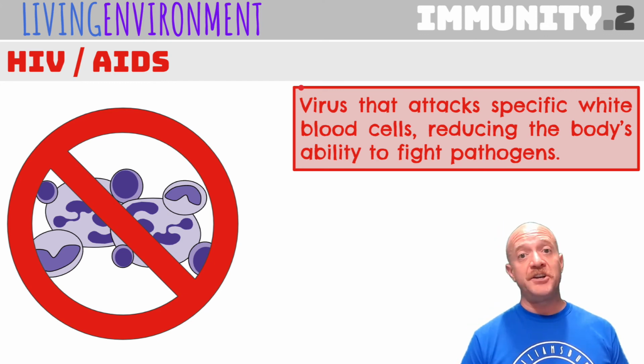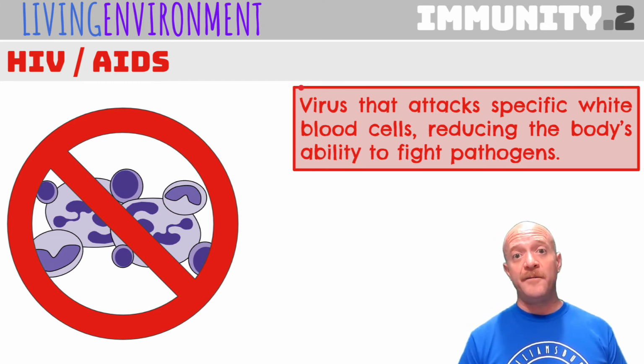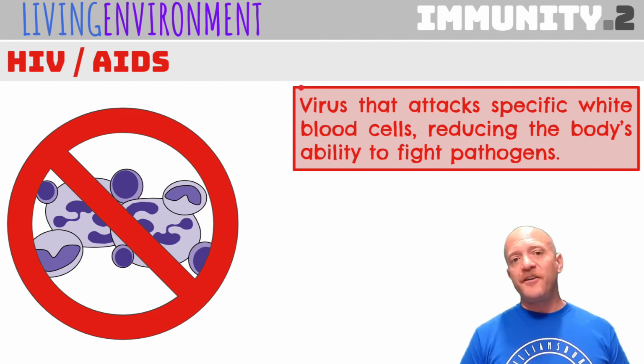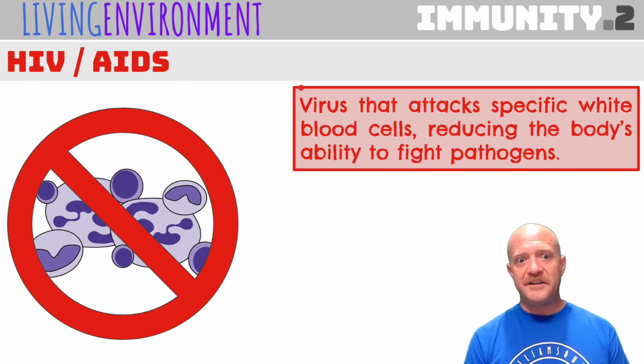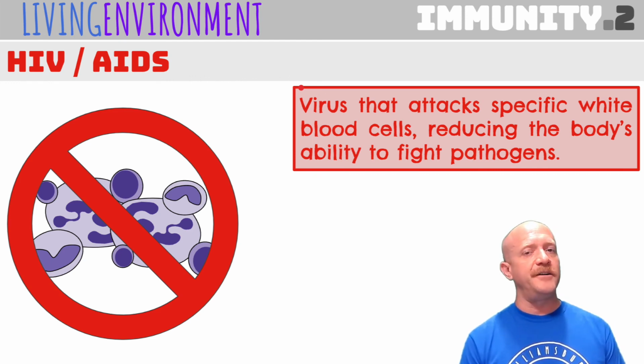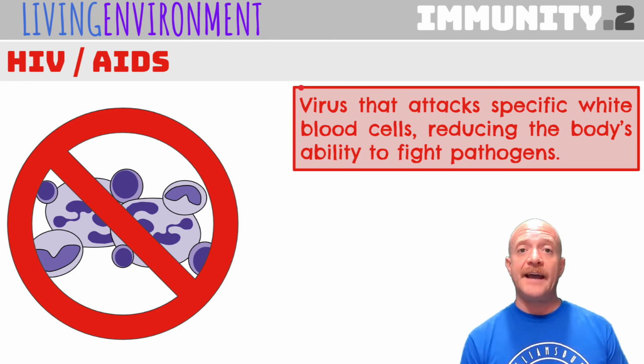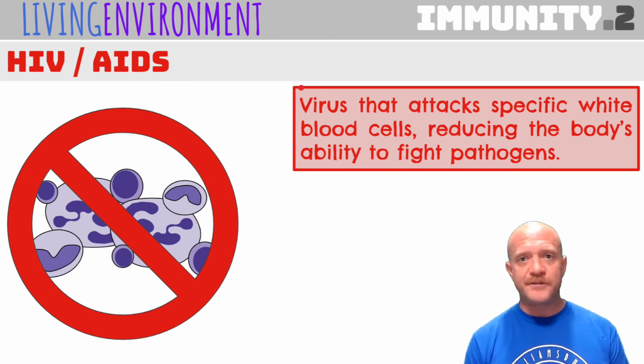That is a condition known as AIDS, acquired immune deficiency syndrome. I don't think you're really going to have to know what HIV and AIDS stand for, but you should understand that it is a virus that attacks the white blood cells, reducing the body's ability to fight any sort of pathogens.